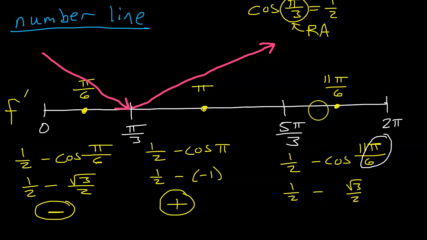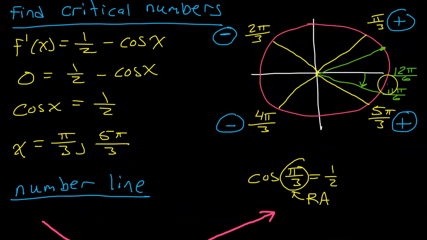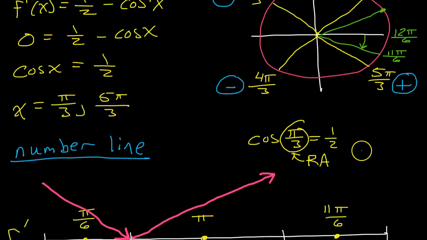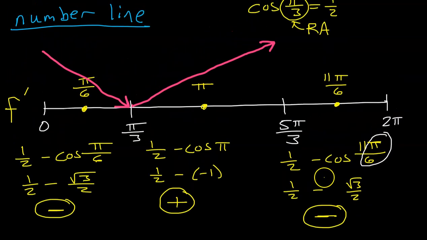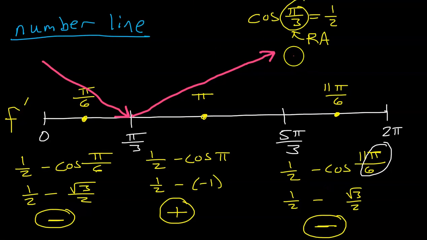Those are the only options. But remember the quadrants: cosine is positive in the fourth quadrant. We knew that right away. So it's just going to be the same exact thing we had in the first interval. So this is going to be negative again, which means another decreasing interval.